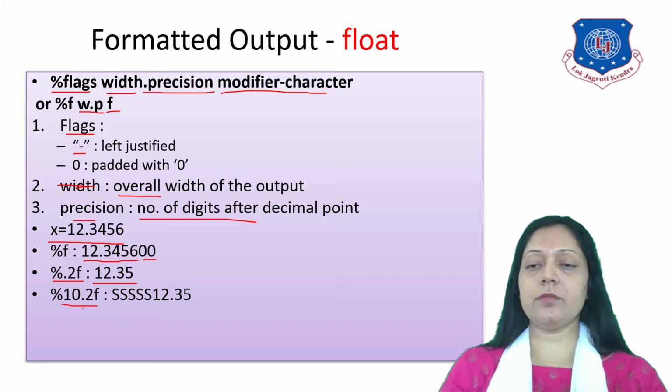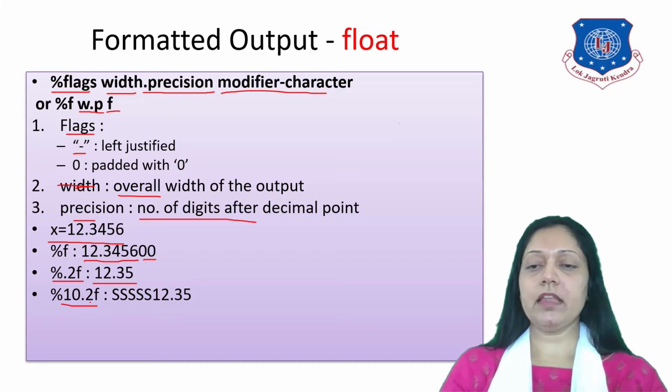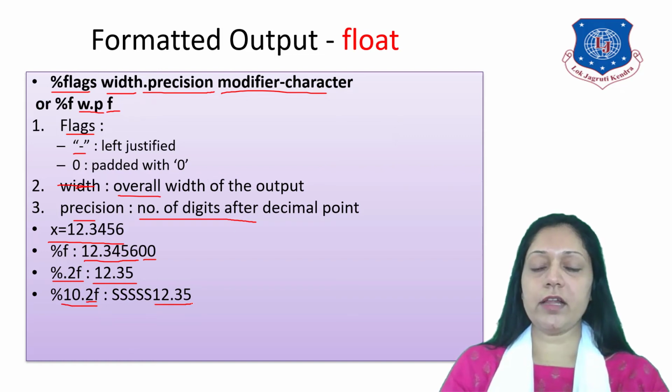Next example is percentage 10.2f. In this case the width is 10, precision is 2, f is the modifier character. So we have to display the number with 2 digits after the decimal point, so the number will become 12.35, but this 12.35 should be displayed in a width of 10. How are we going to do it? First 12.35 is displayed from the right hand side.